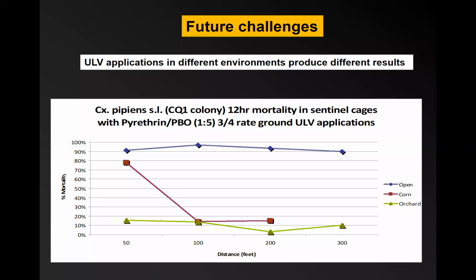And in an orchard, it was even worse. This is a citrus orchard. There's almost absolutely no death in the sentinel cages. And that's where the mosquitoes are resting, in the shade, because they're trying to get away from the sun.